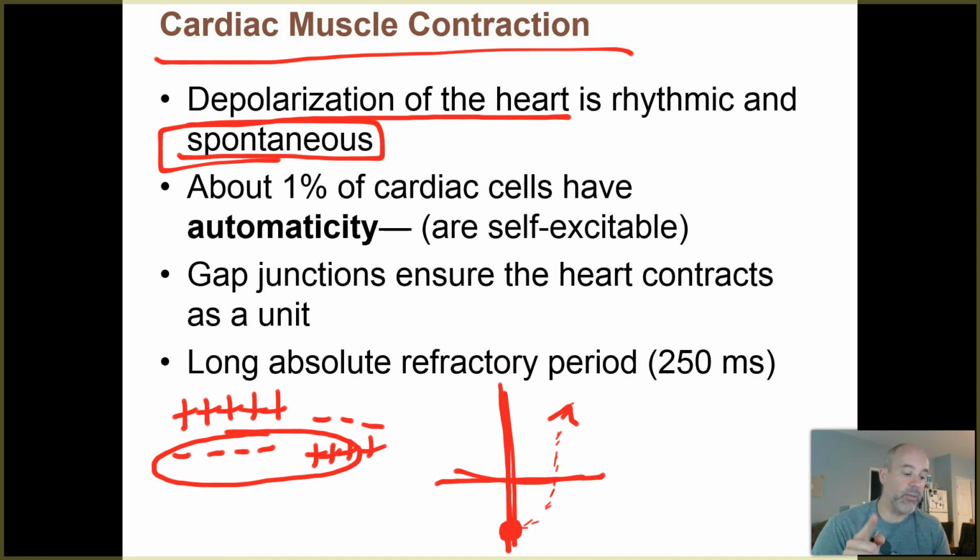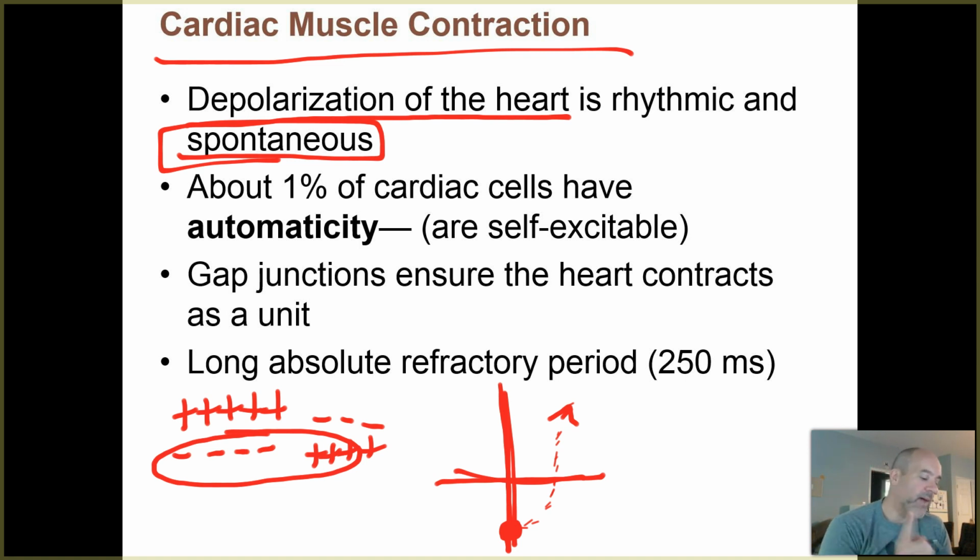Those skeletal muscle fibers have to receive signals from motor neurons to make that happen. That's not true in the heart. The heart will, on its own, generate its own action potentials, electrical changes, that then stimulate your cardiac muscle fibers to contract.